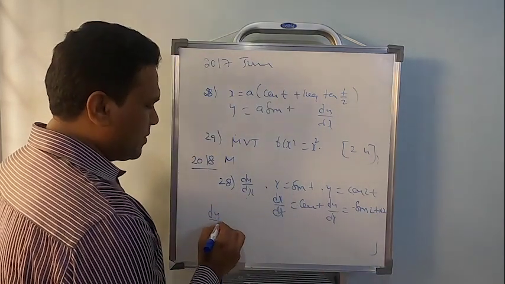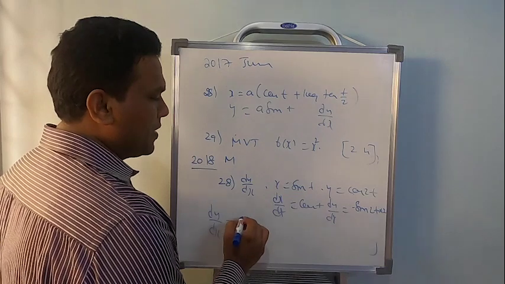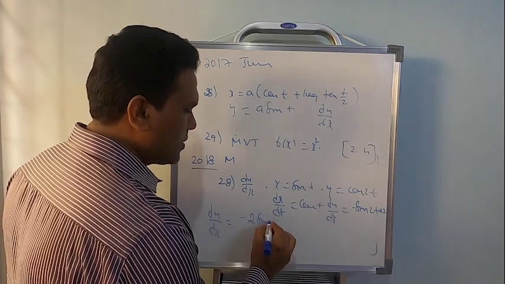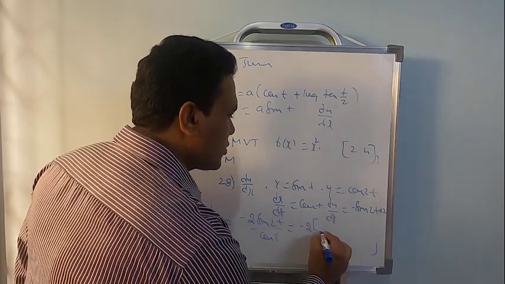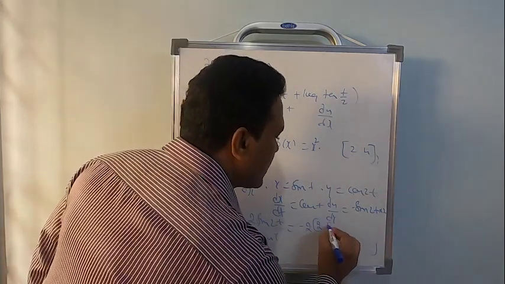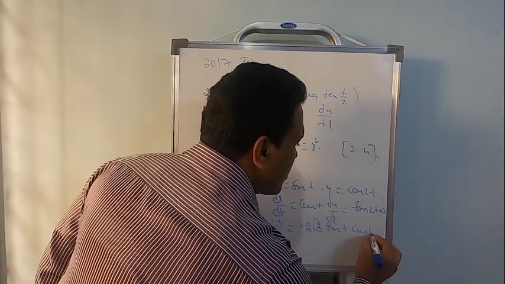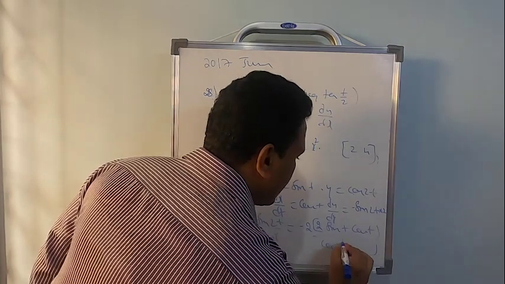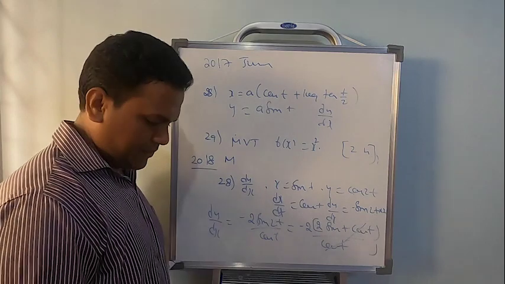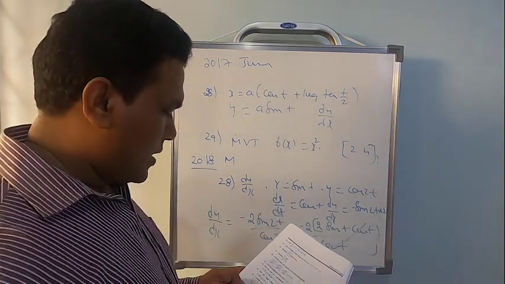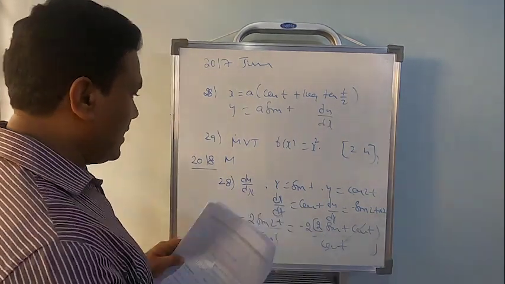So substitute in dy by dx. So dy by dx will be minus 2 sin 2t by cos t. Don't stop here. Use the multiple angle formula for sin, minus 2 into 2 sin t cos t by cos t. Eliminate cos t. So minus 4 sin t will be the answer. So that's problem number 28.